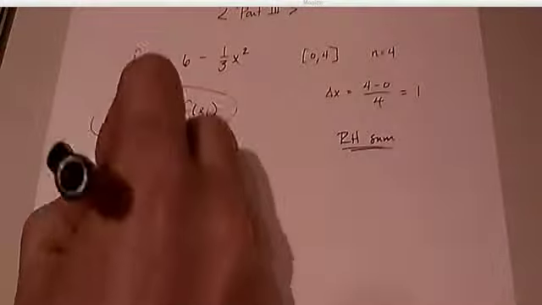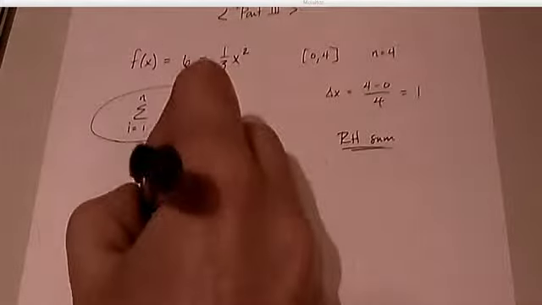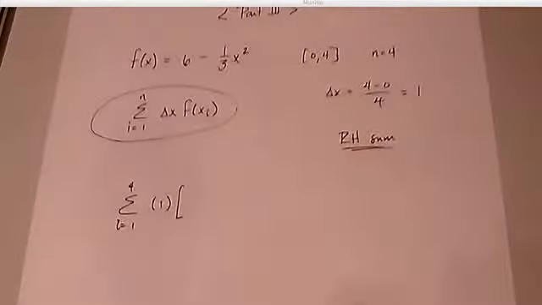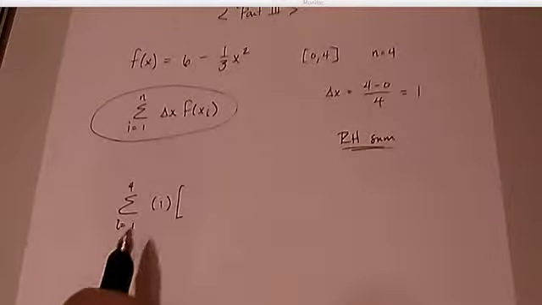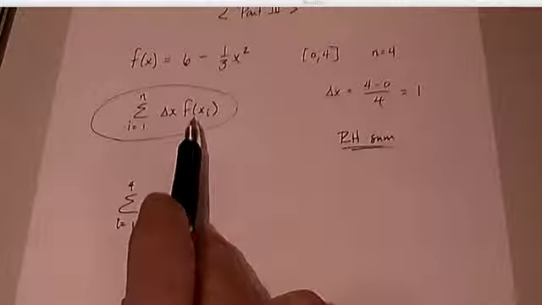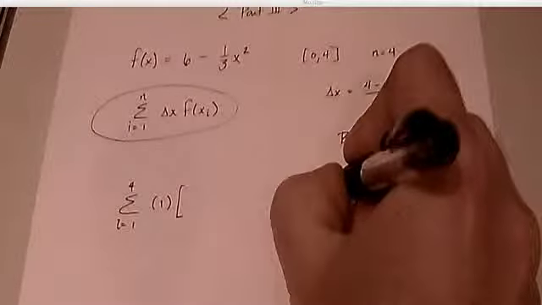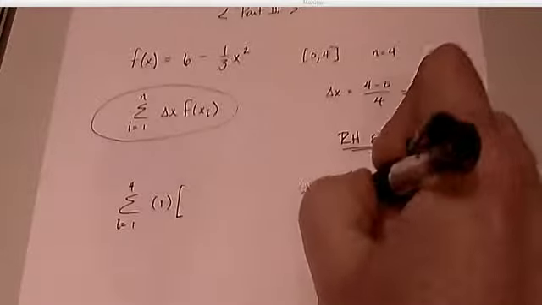Now, what that means is that, because my n is equal to 4, I'm going from 1 to 4. My delta x is 1. And when I'm plugging it in, this x sub i stands in for the starting point, a, plus delta x times i, okay?